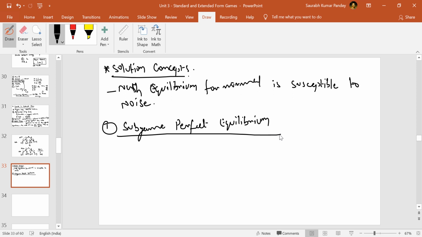Okay, so it says that you have a strategy S star. Now what is that strategy? It is defined as one where for all agents i and all subgames, it is true that i can't gain any more utility by playing a strategy different from S star.